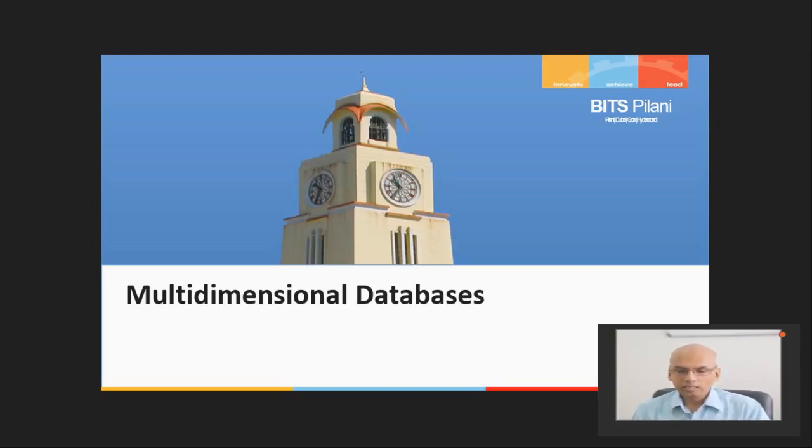We understand why they are required and how they are going to help online analytical processing, which is the target for creating the data warehouse for the knowledge workers or the decision makers. So we want to enable them to do online analytical processing on the information that is available in the data warehouse so that they can take better strategic decisions.